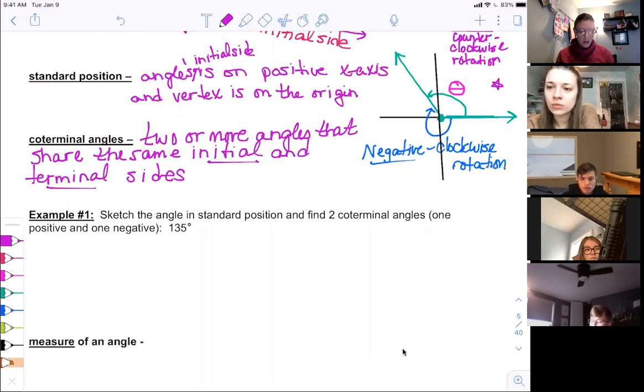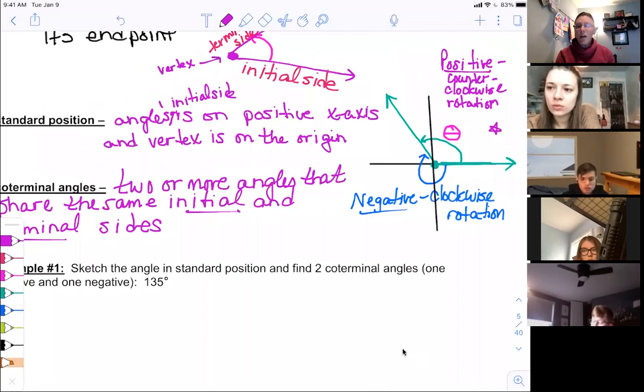So if you look at the diagram that I drew on the right side, I have a diagram with a pair of coterminal angles. My angle in green begins and ends in the same place.